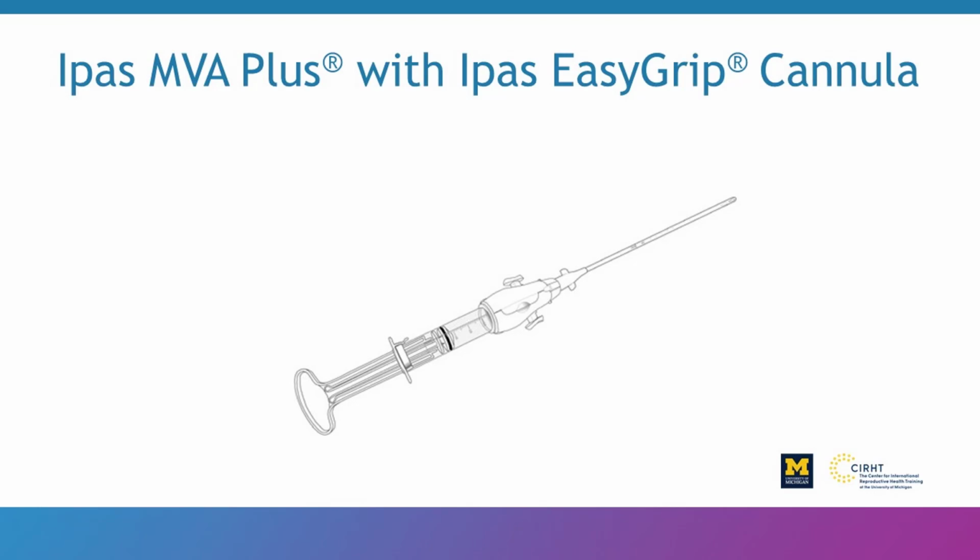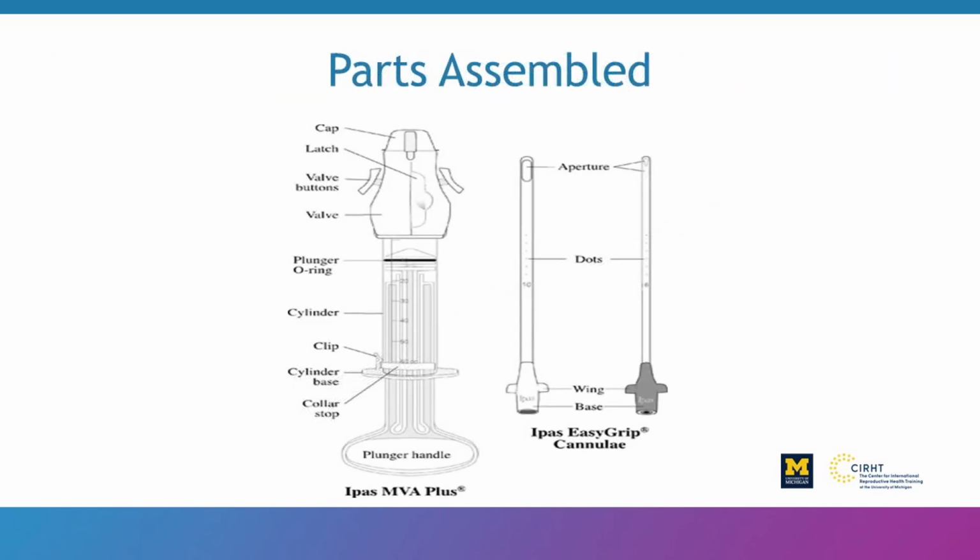There are different types of cannulas, and these ones are a little bit rigid cannulas. So these are the different parts of an MVA set. The cannula has a plastic part with an aperture at the tip, which is used to remove the content of the uterus, and it has dots, which help us in determining the length of the uterine cavity, and it has a wing and a base.